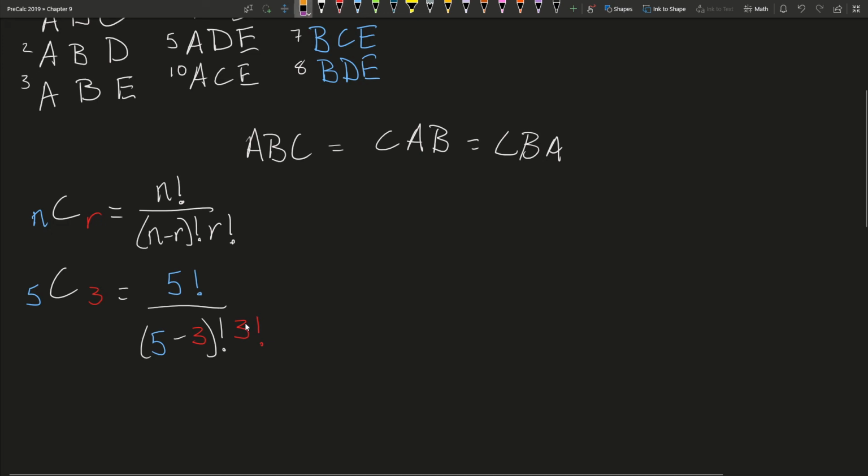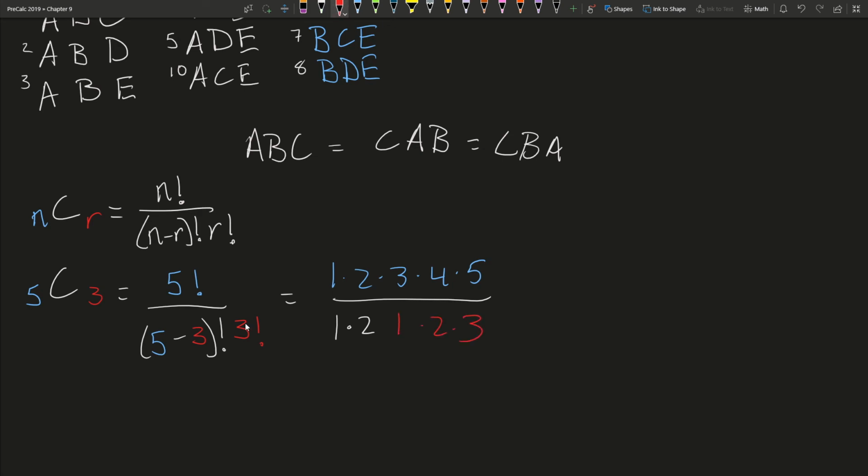When we expand a little bit, 1 times 2 all the way up to 5. 5 minus 3 factorial is really 2 factorial, and 3 factorial is 1 times 2 times 3. So then we can cancel out some common terms. 1 through 3 cancel with this 1 through 3. And then we have 4 times 5, which is 20, over 2, which is equal to 10.